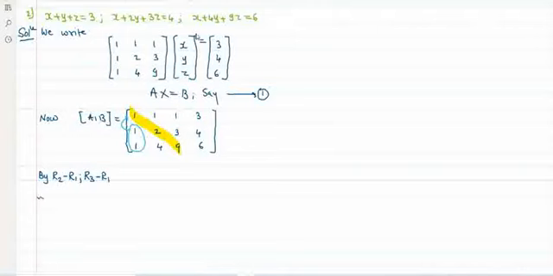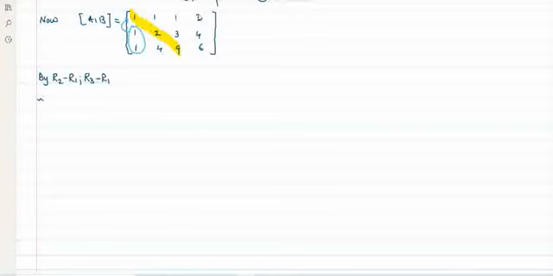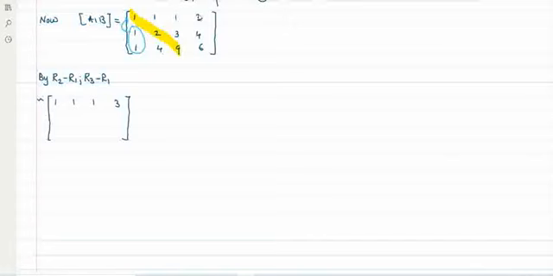So the new equivalent matrix, I will scroll up a little bit. First row no change, that is 1, 1, 1 and 3. Second row subtraction: 1 minus 1, 0, 2 minus 1, 3 minus 1, 4 minus 3. Is it right? Yes, sir. Next, R3 minus R1: 1 minus 1, 4 minus 1, 9 minus 1, 6 minus 3, that is 3.